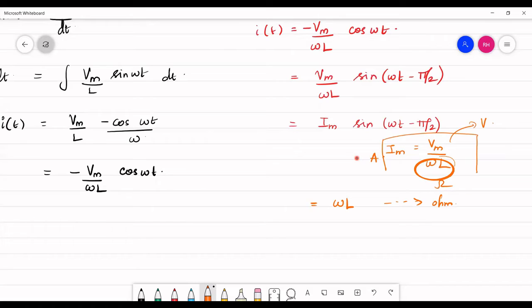Omega L is known as the inductive reactance, and it is represented as XL.